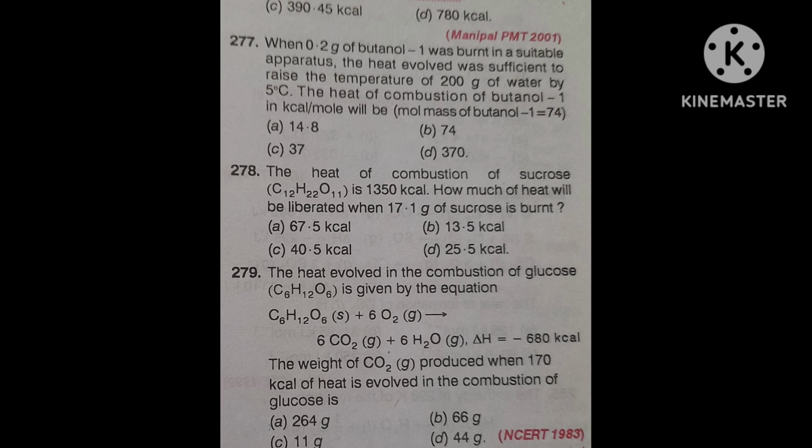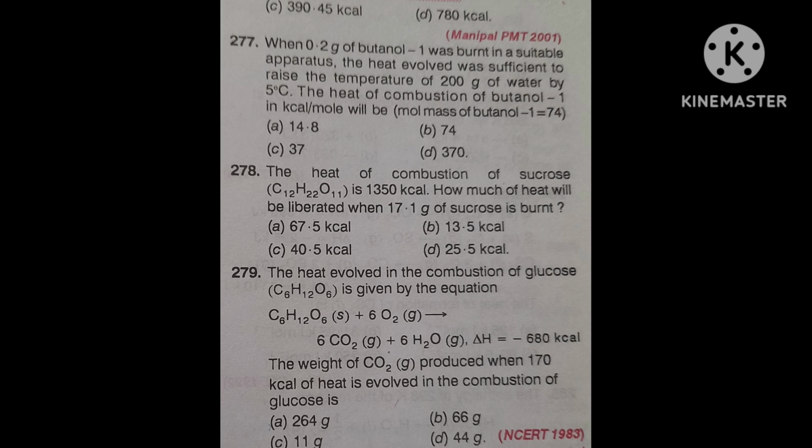According to the question, minus 680 kilocalories evolved is going outside. Then this is for complete combustion of glucose: C6H12O6 plus 6O2, and product is 6CO2 plus 6H2O, where H2O is in gaseous form, and delta H is minus 680 kilocalorie.